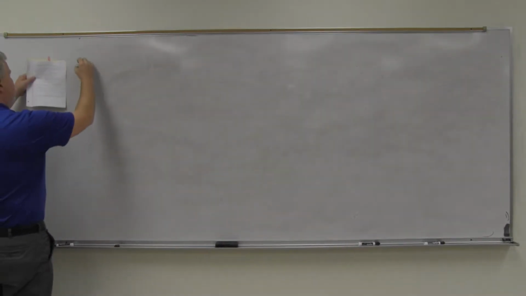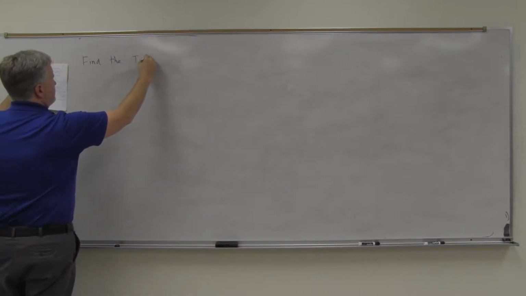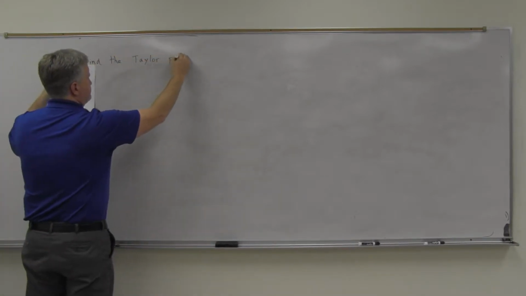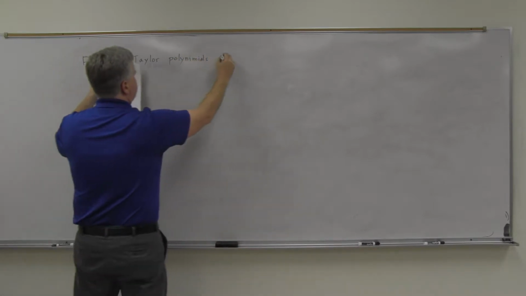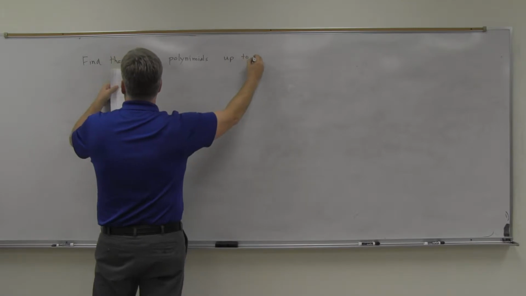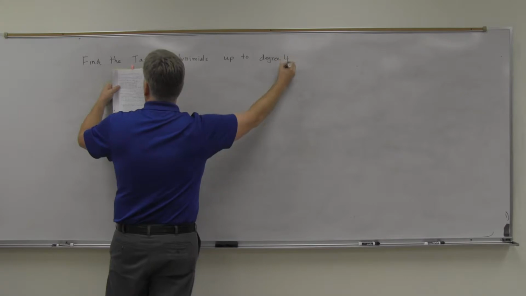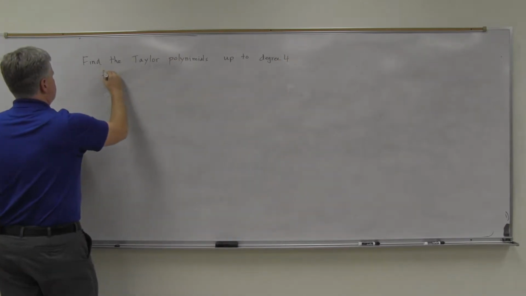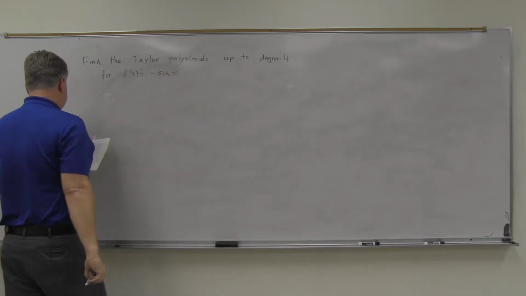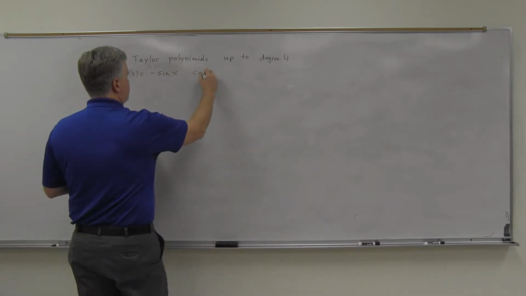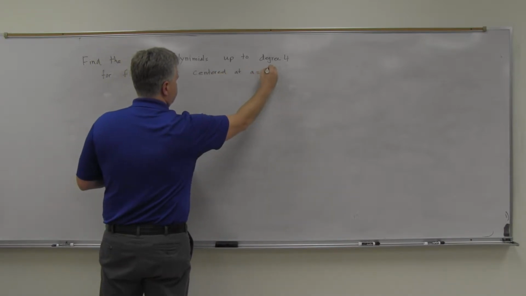All right, so here's: find the Taylor polynomials up to degree 4 for f of x equals negative sine of x, centered at a equals pi over 2.